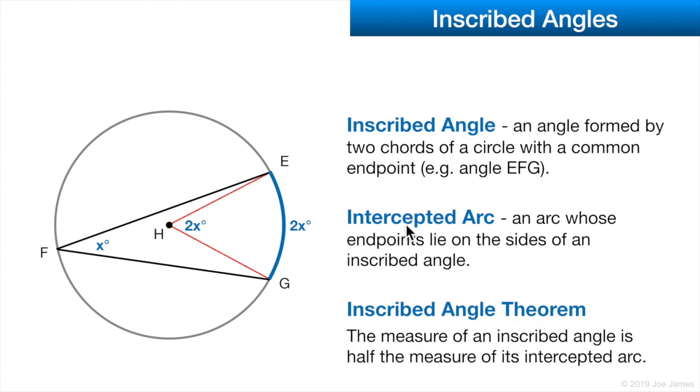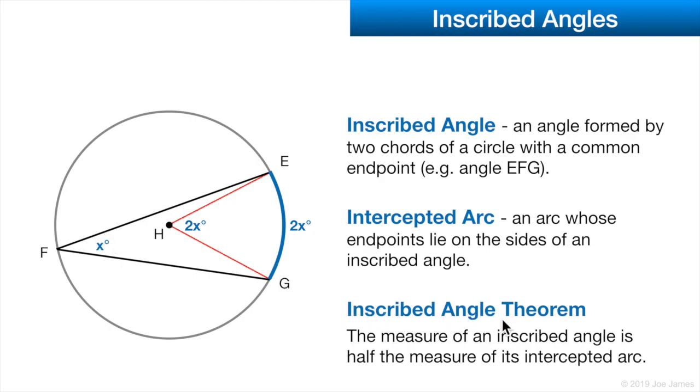An intercepted arc is an arc whose endpoints lie on the sides of an inscribed angle. So in other words, arc EG here, right? We have inscribed angle EFG, and then we have intercepted arc EG. Now we know that angle F here measures x degrees.